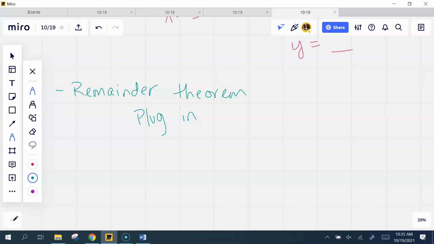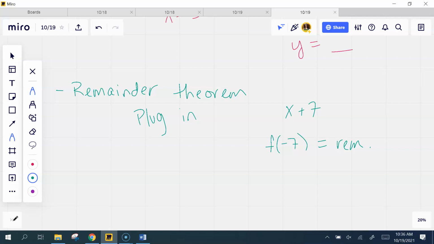Plug in the value. Okay, so if I gave you an equation and I said, what is the remainder when you divide by x plus 7, if I plugged in -7, that would tell me what the remainder is.